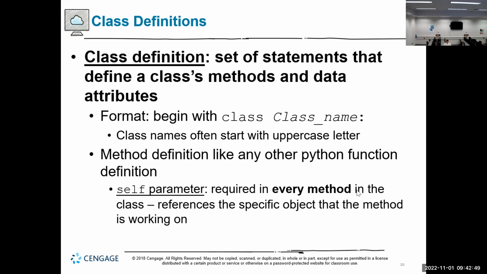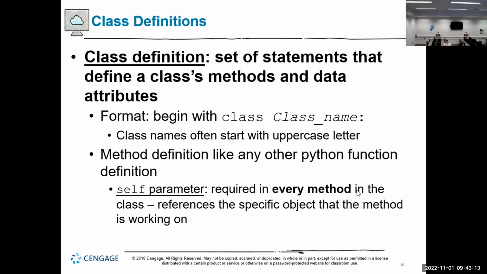Now, remember that in a class you have attributes and you have methods. So the first step is you define the class, the second step is you define the methods. A method is defined like any other Python function. The method is the same as the functions you did so far.